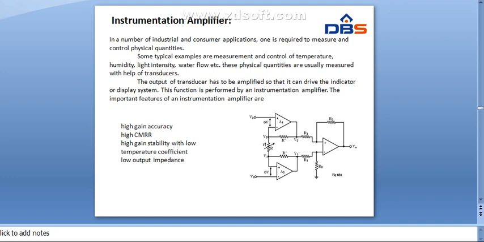So before the next stage, it is necessary to amplify the level of such low level signals while rejecting the noise and the interference. The special amplifier used for such low level amplification with high CMRR and high input impedance is called the instrumentation amplifier.